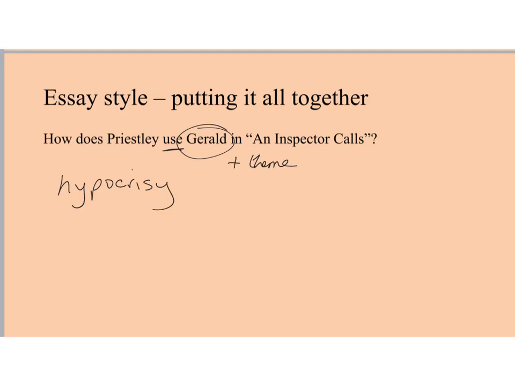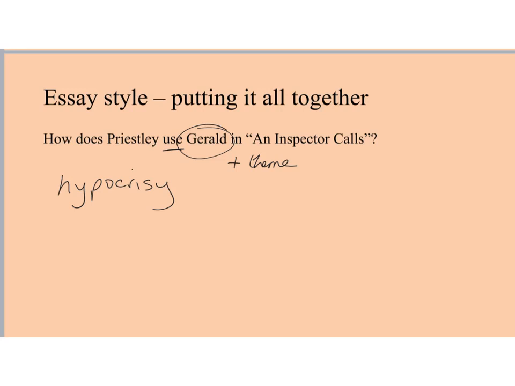He's using Gerald to criticise the class system. He's using Gerald to challenge conventional expectations of gender relationships. He's using Gerald to highlight the difference between legal and moral responsibility.